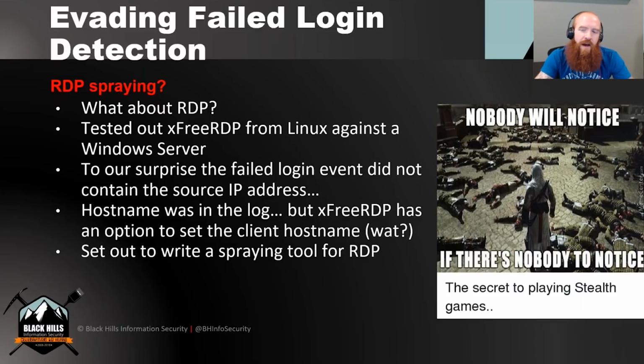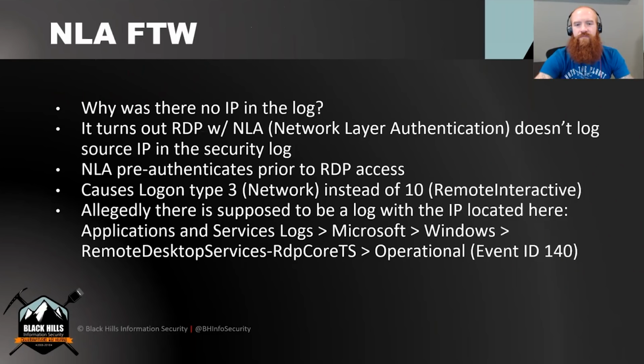But then I started looking at some of the options for xfreerdp, and it shows that there is actually an option to set the client host name, which I was like, what? Wait, so I can tell the client what to tell the server? Yeah, so there's no IP, and I can tell the client the host name I want it to tell the server. That's odd. So we set out to write this password spraying tool with RDP, with xfreerdp first off.